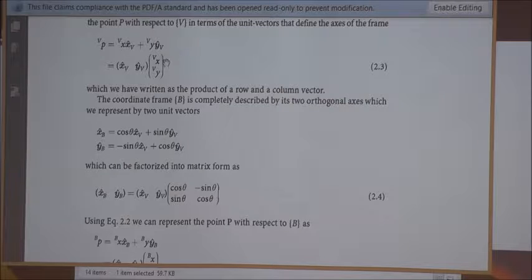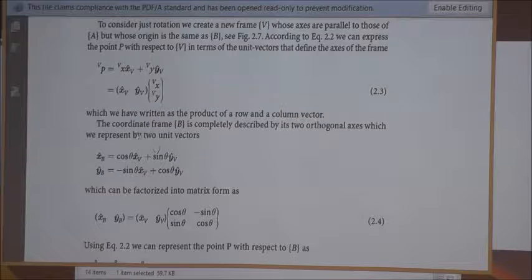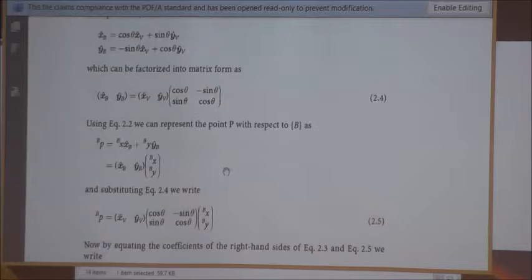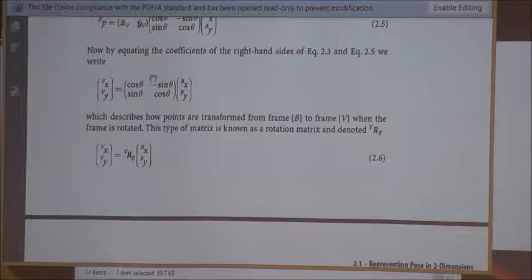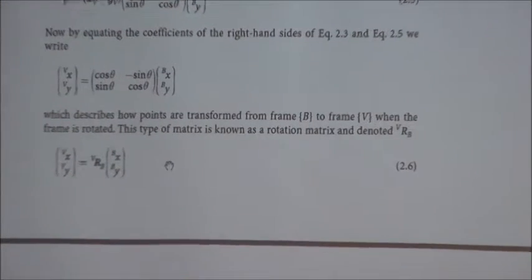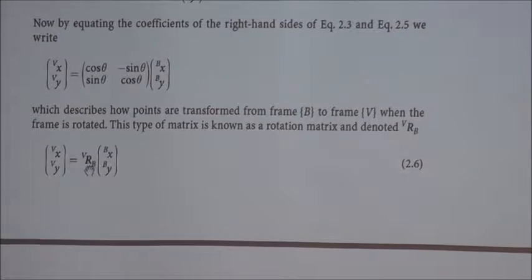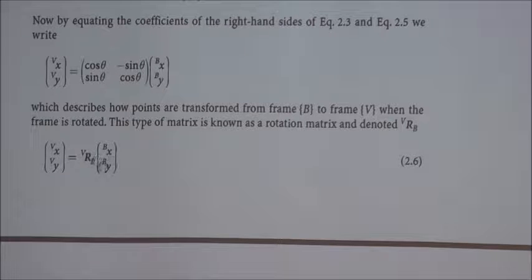And they look like this, Vx and Vy, with respect to B, it looks like this, and with respect to A, it looks like that. Okay, so finally you get a 2x2 rotation matrix, as you see here. Call it R, of vector V with respect to coordinate B.